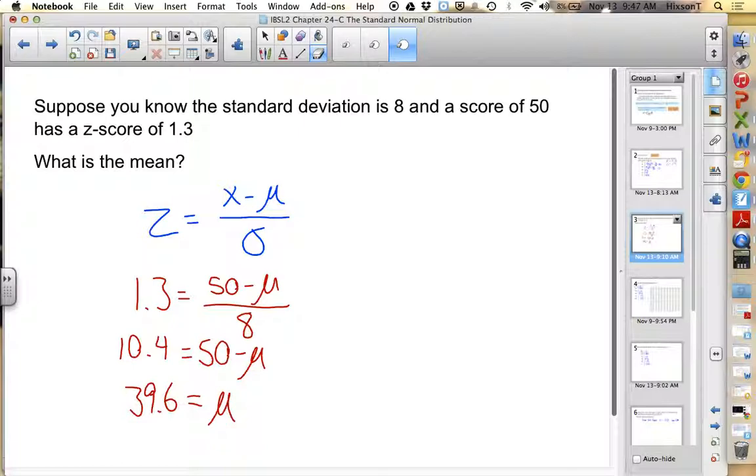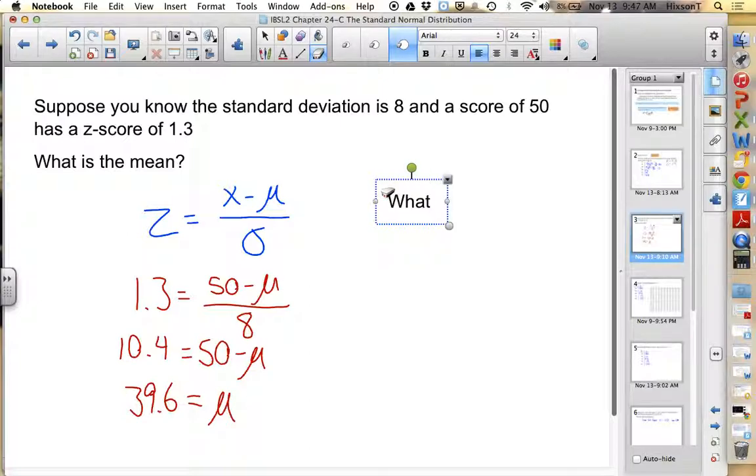Now, let's do a little follow-up to this question. What score has a z equal to -1.5?